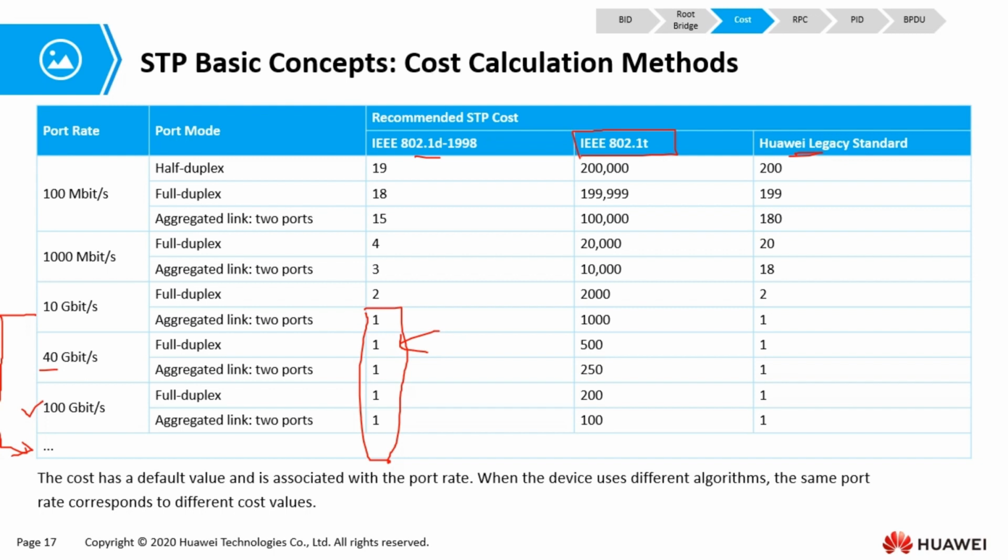That's why currently all Huawei switches are based on IEEE 802.1t. So you can see the differences.